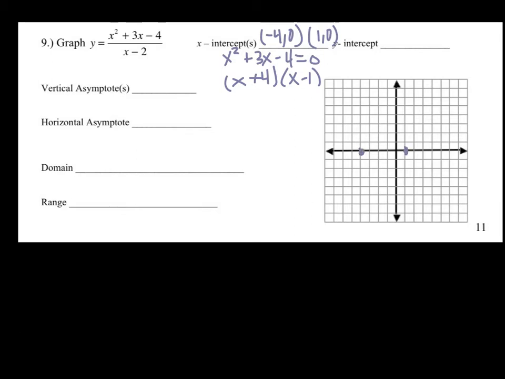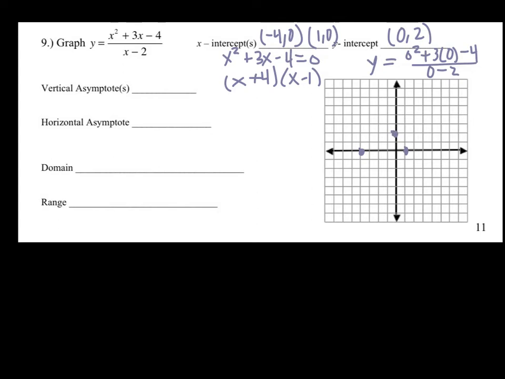Are my x-intercepts. My y-intercept will just be whatever 0 squared plus 3 times 0 minus 4 over 0 minus 2 is. So we get -4 over -2, which is +2.